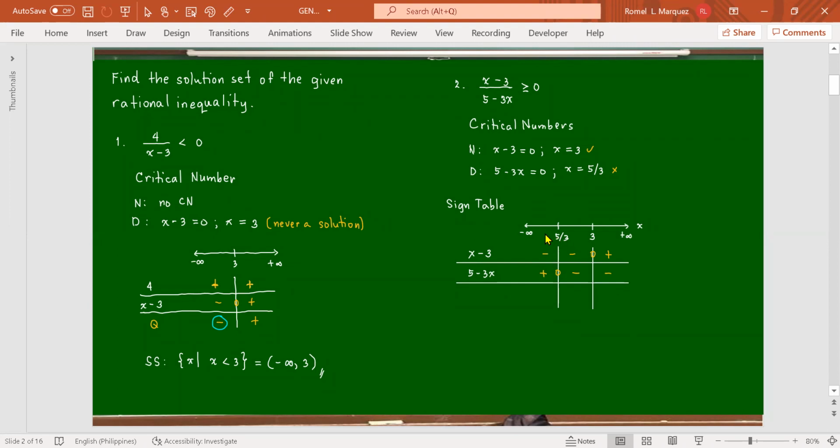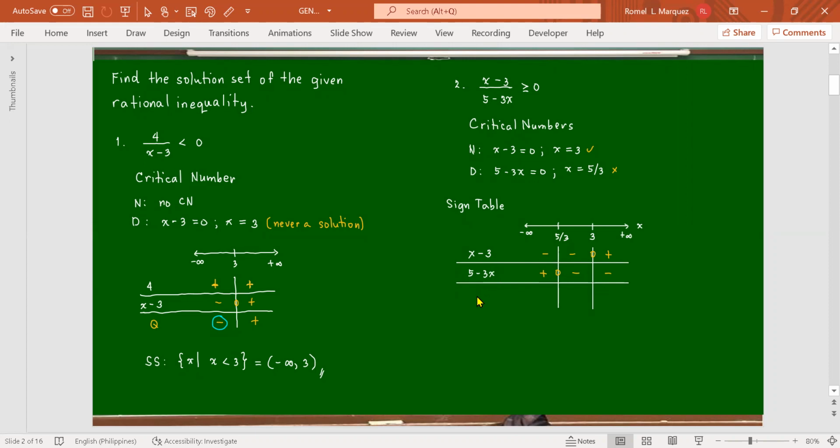If you try to check a number to the left of 5 over 3, let's say 0, 5 minus 3 times 0 is 5. So see, it is positive. If you choose a number to the right of 5 over 3, for example, 3, 5 minus 3 times 3 is negative 4, which is negative. So anything to the right of 5 over 3, this expression is negative.